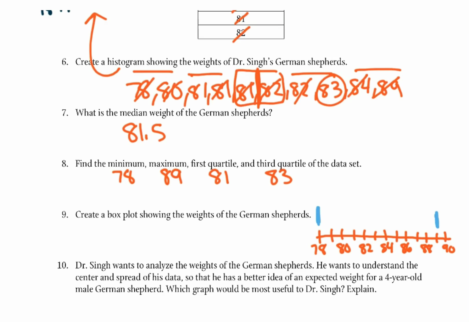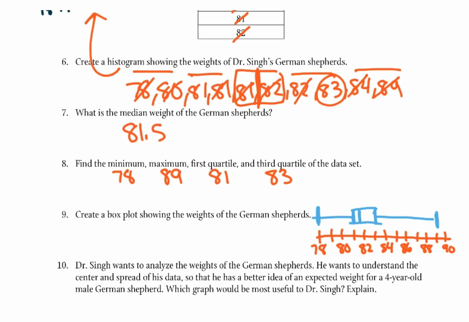Draw that. First quartile 81. Third quartile 83. And then median 81.5. So from first to third quartile, we draw our box. Then we connect our whiskers.